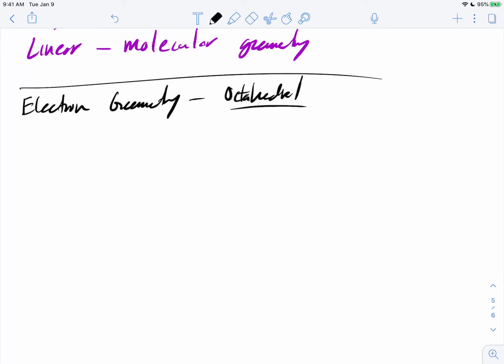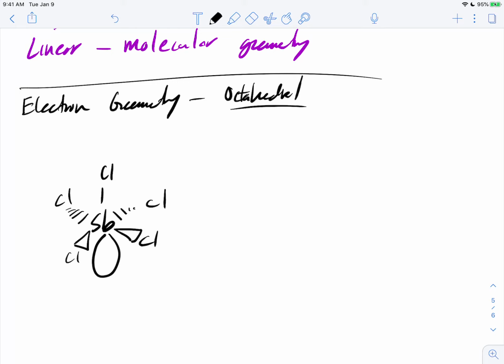So we remove one and make it 5. And that's going to be SbCl5. So Sb, and we're going to have Cl coming out, Cl going away, and then lone pair on the bottom.